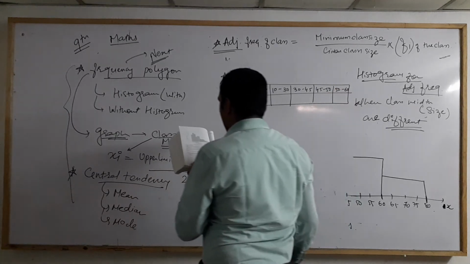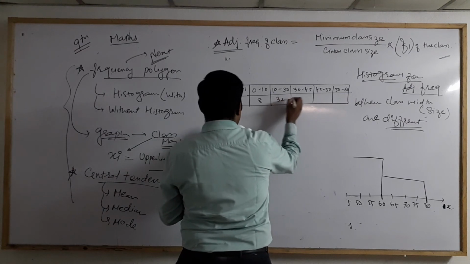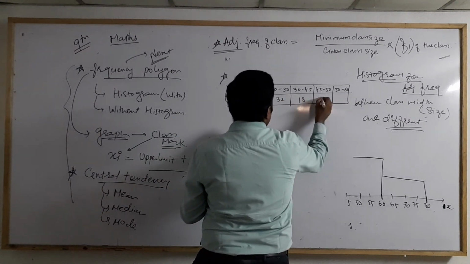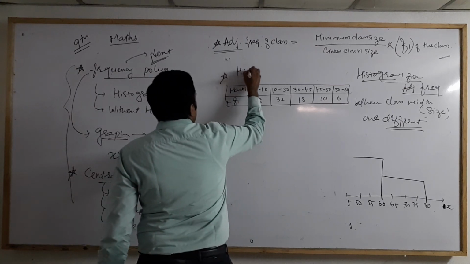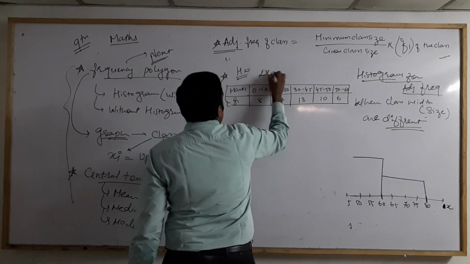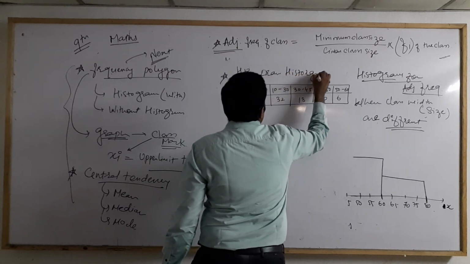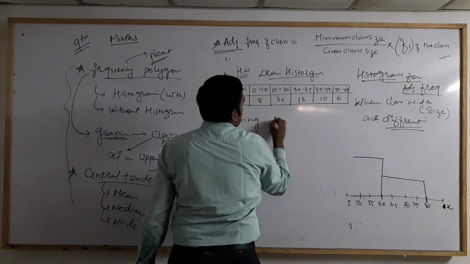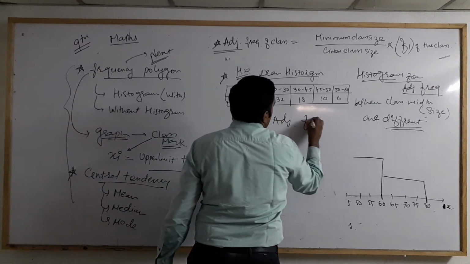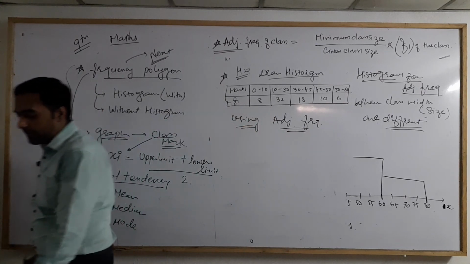Okay, now your frequencies are 8, 32, 18, 10 and 6. Okay, this is your homework: to draw the histogram using adjustable frequency. Okay students, clear?